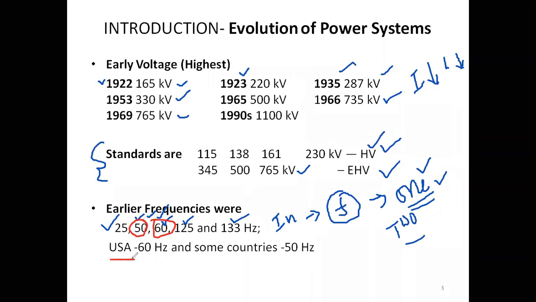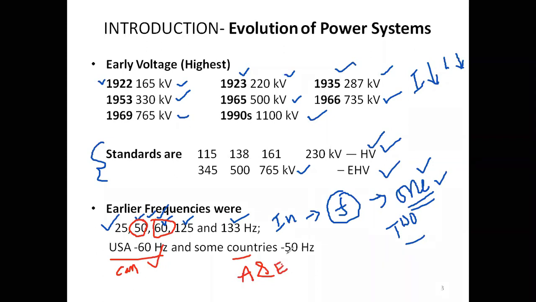The USA and Canada use 60 Hz, and some other countries. The ASEAN countries, European countries and our India use 50 Hz.